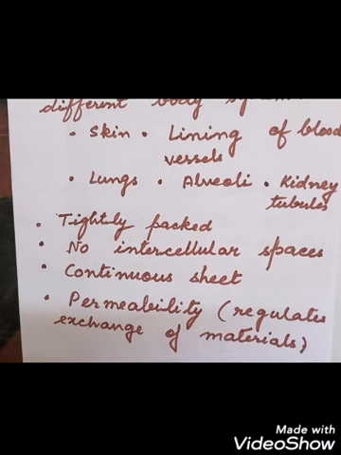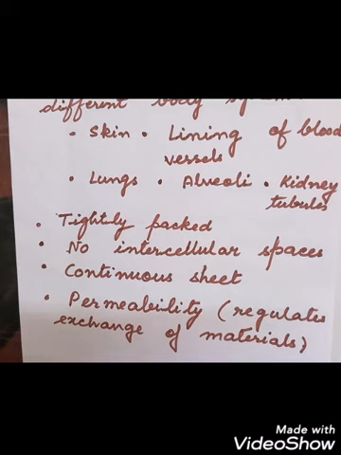These are continuous sheets of cells with no breakage in between, and they will allow the exchange of materials between the body and the external environment. So they have some amount of permeability, which is a very important point, because this permeability will regulate the exchange of materials from outside and inside.